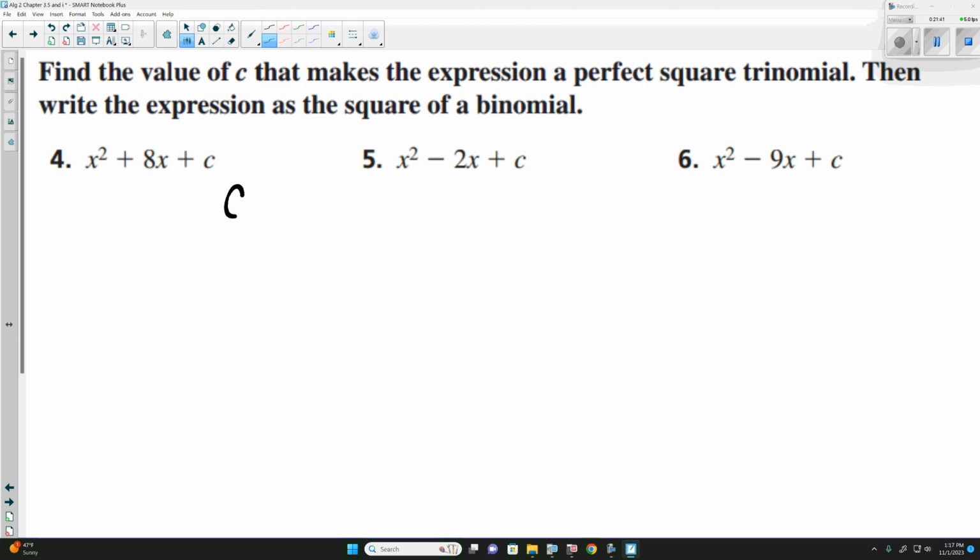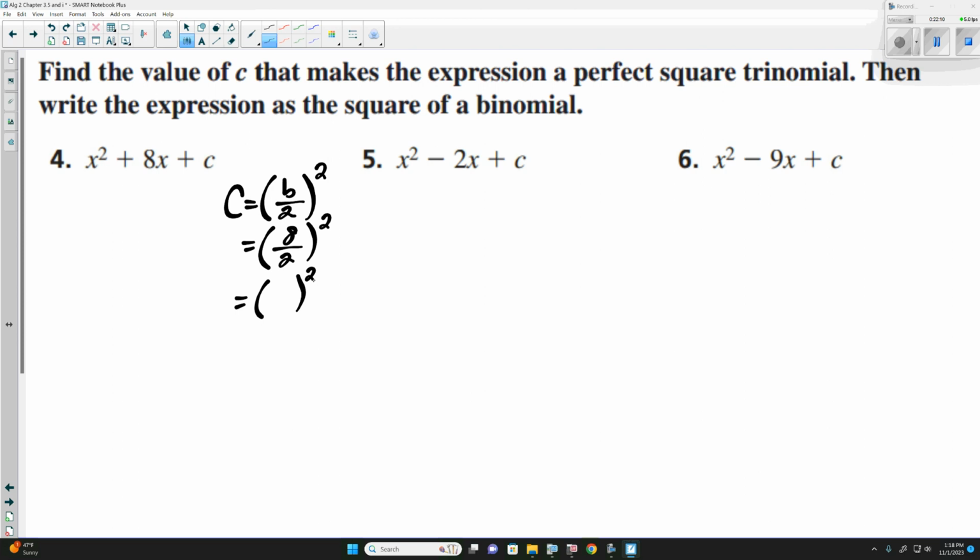Now, the first thing we need to do to find the perfect square trinomial is to find the value of b and plug it in. So for 8x, it is 8. Now again, we could plug that in and get straight to the value of c, but the number inside the parentheses before we square it does help us with the factor.